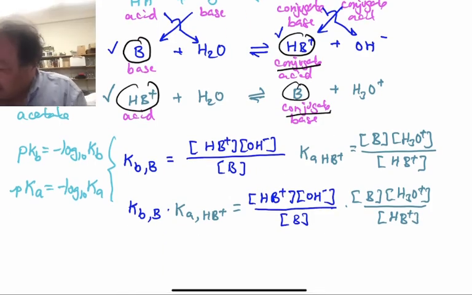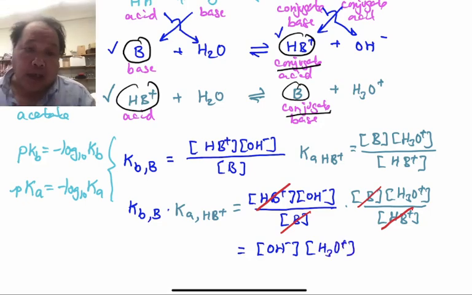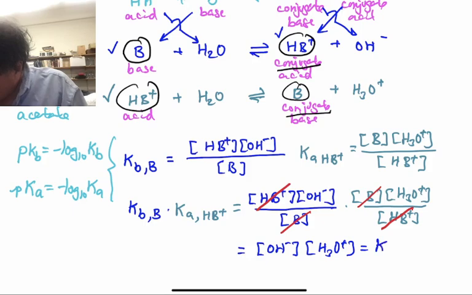And we see something very nice. There's lots of cancellation. There's an HB plus in the numerator and an HB plus in the denominator. There's a B in the denominator and a B in the numerator. So this whole thing simplifies to just OH minus times H3O plus. I hope you've seen this last week. OH minus times H3O plus, we have a name for that. That's Kw, and it's equal to 1.0 times 10 to the minus 14.